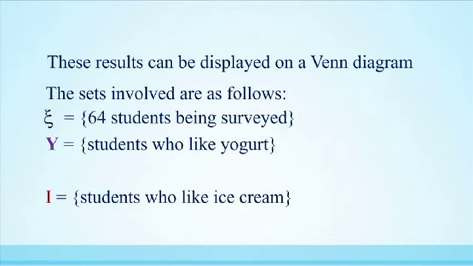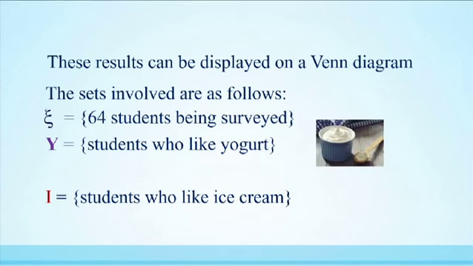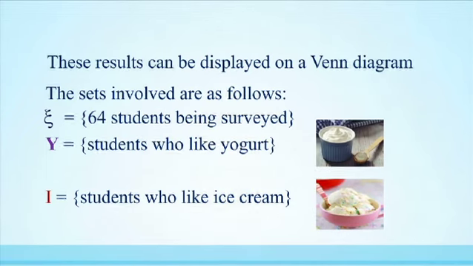The sets involved are as follows. The universal set represents the 64 students being surveyed. The set Y represents the students who like yogurt, and the set I represents the students who like ice cream.